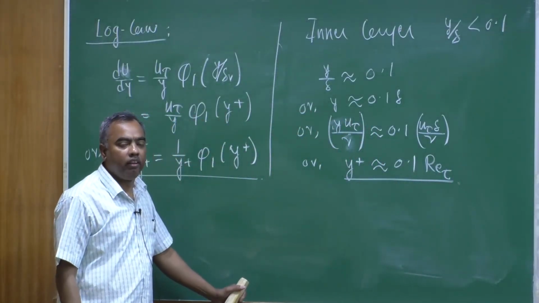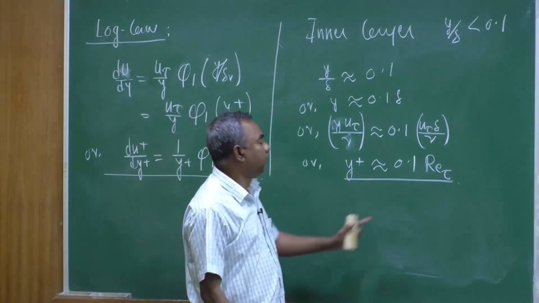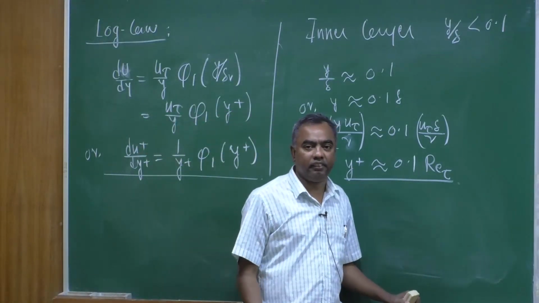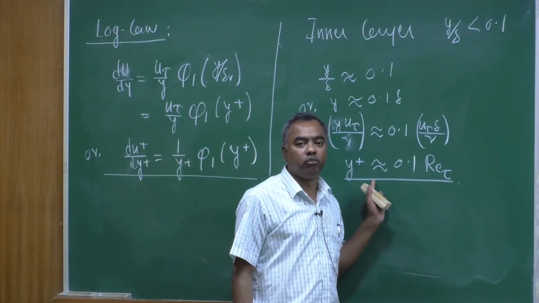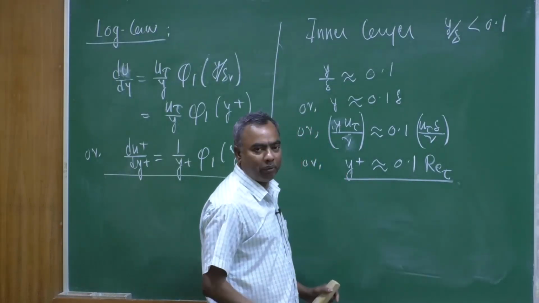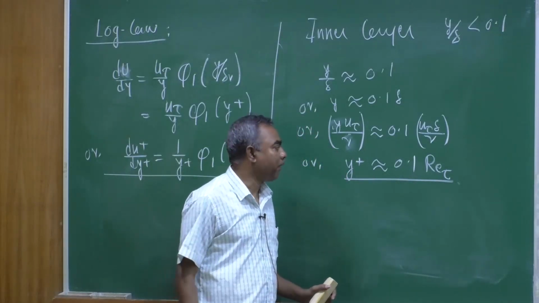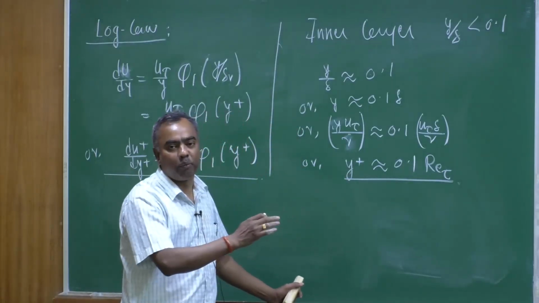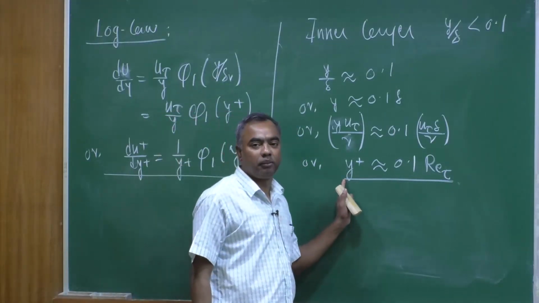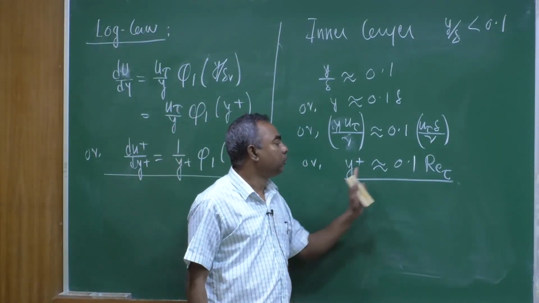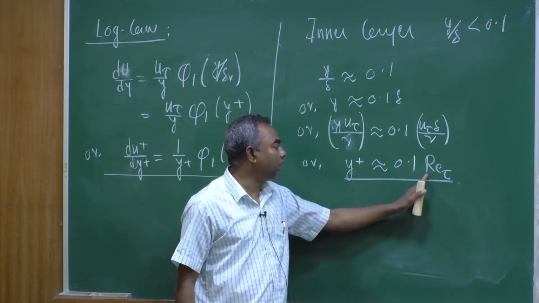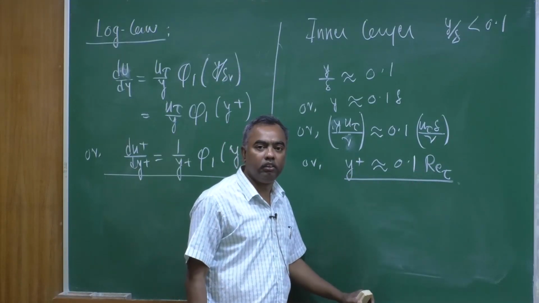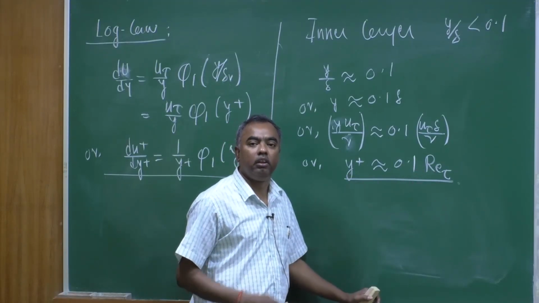Now, for Re tau very large, y plus is much greater than 1, far away from the wall. So this equals 0.1 of Re tau, which means Re tau is also large.